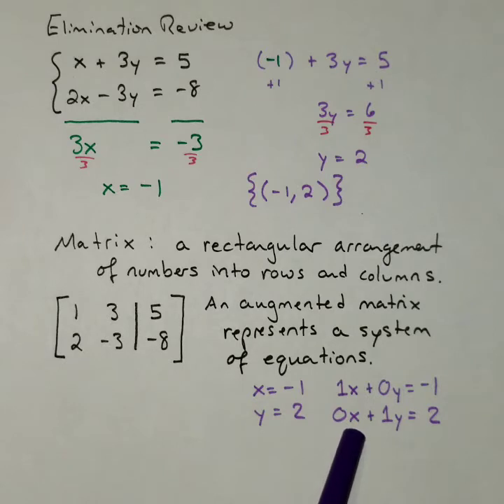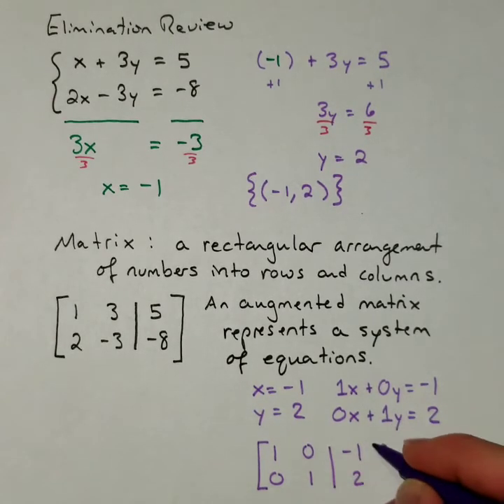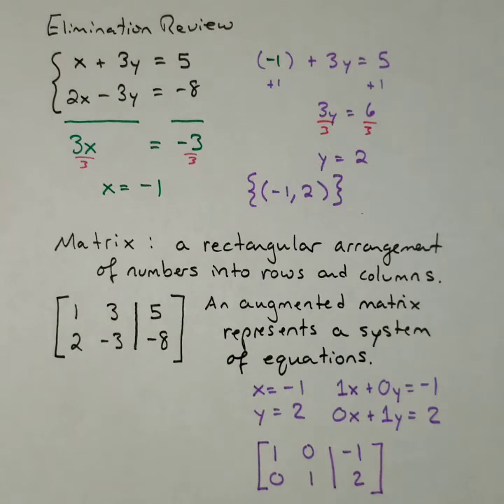This new system is what we call a reduced form. Okay, in fact, if we turn it back into a matrix, this system would look like 1, 0, -1, 0, 1, 2. Put the rest of our notation in there.